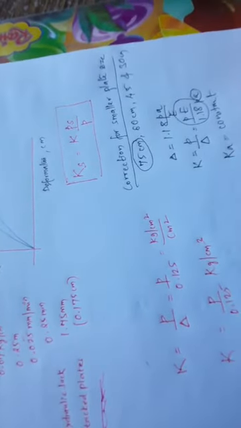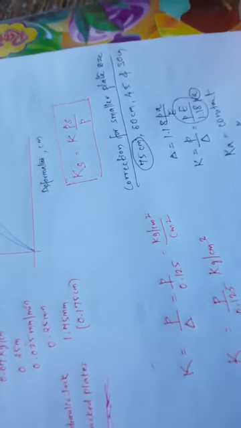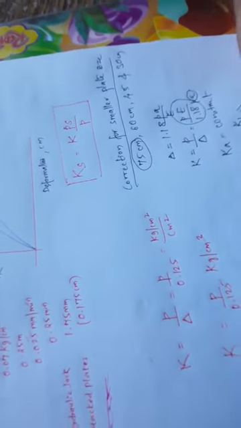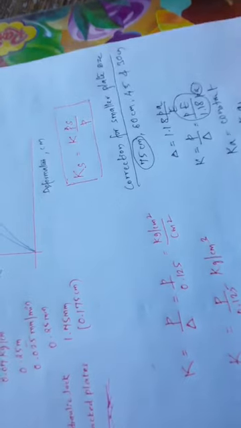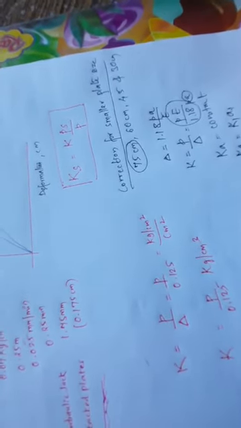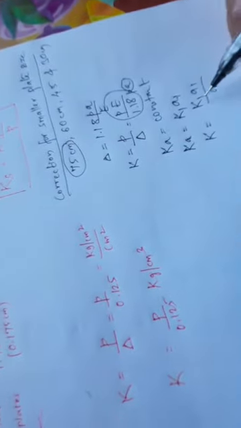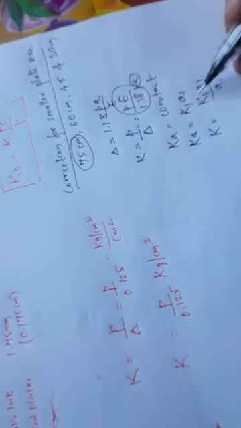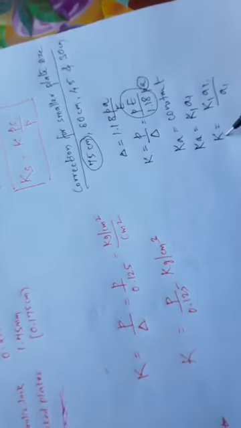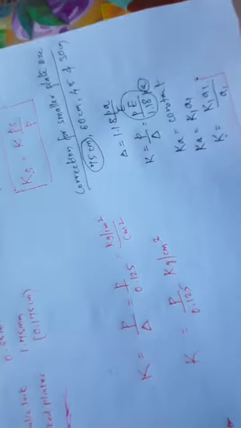So equating that, K will always be equal for whatever other plate you are taking: K1 into a1 equals K2 into a2, for the 30 centimeter plate and the 75 centimeter plate. So from that condition I can find out the K even for a smaller plate. If I use a 30 centimeter plate, I can convert it easily to the 75 centimeter plate. That is what we call the standard plate. You have to remember this formula here.